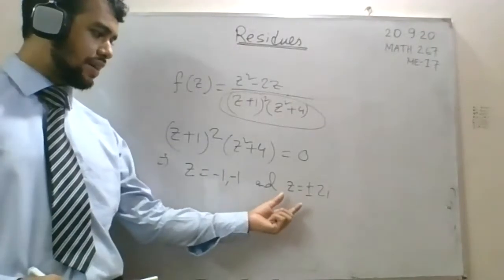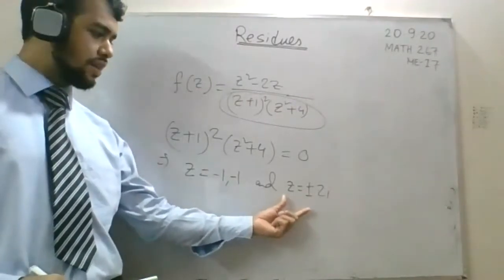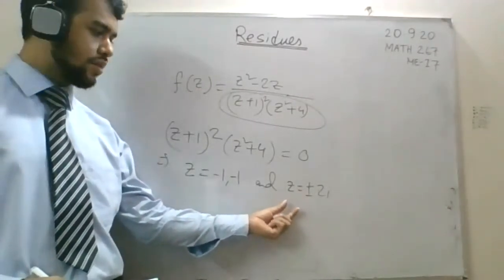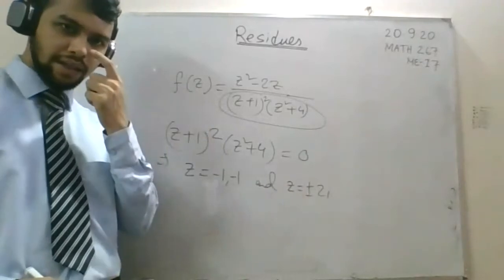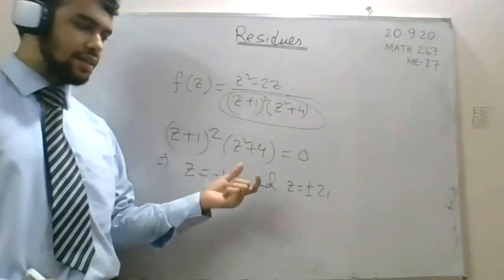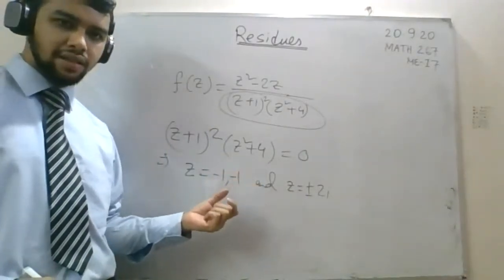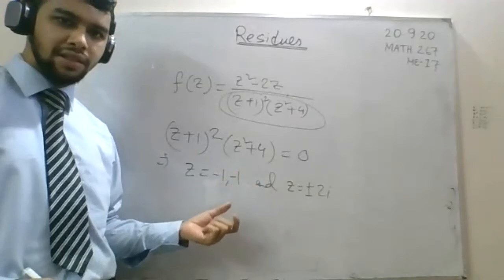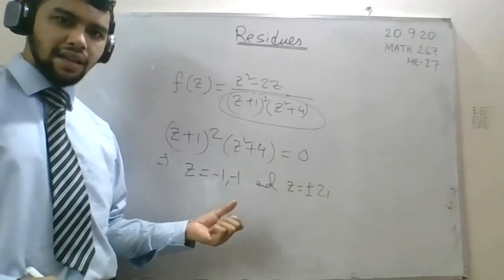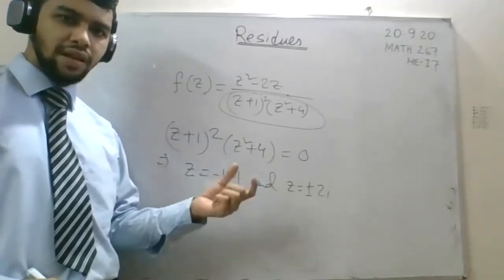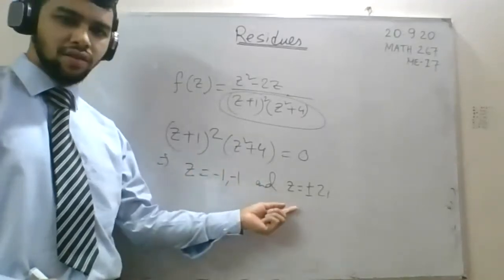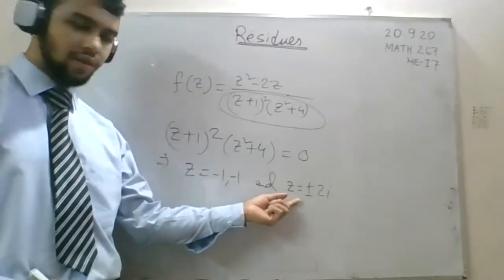So you can find the residues at the simple poles of the function where z equals 2i and minus 2i. And the formula is a₋₁ equals the limit as z tends to a of (z minus a) into f(z). Okay, this is the formula for a simple pole.